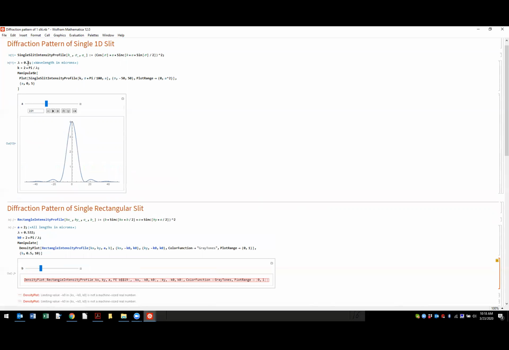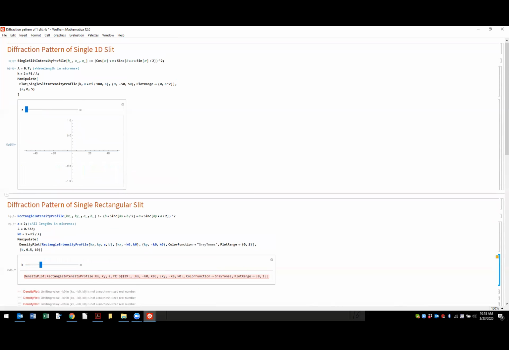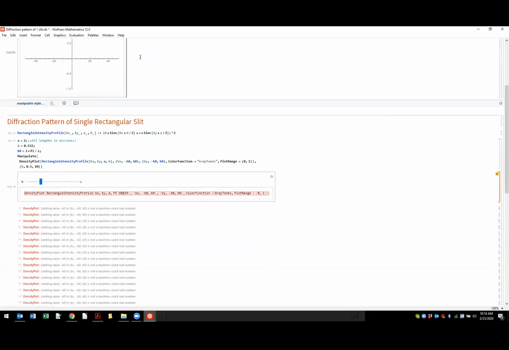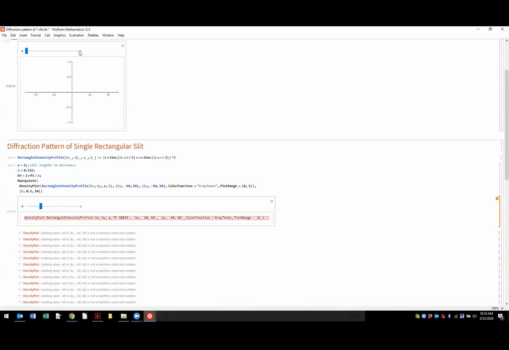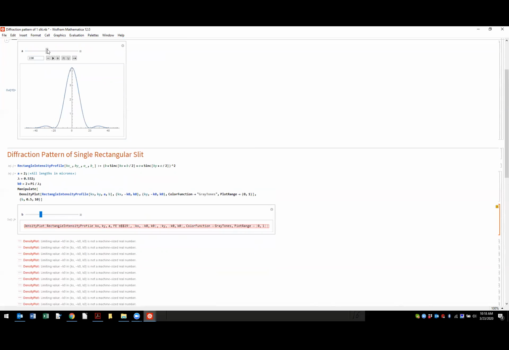All right, and then if I change the wavelength from 500 nanometers or 0.5 microns to 700 nanometers or 0.7 microns, I get that the first node is more like 20 degrees, which is in good qualitative and quantitative agreement because I multiplied the wavelength by 1.4.